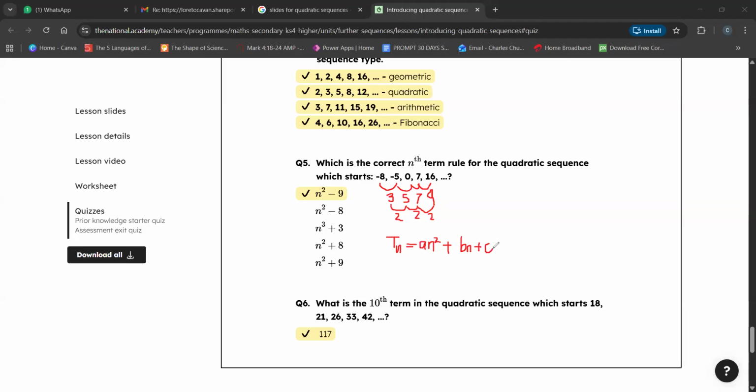Okay, this is a n squared plus b n plus c.